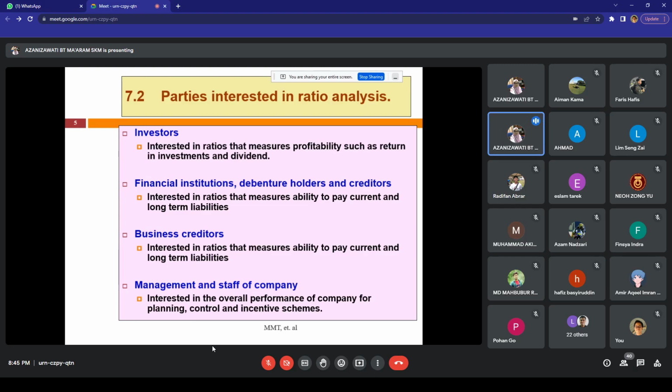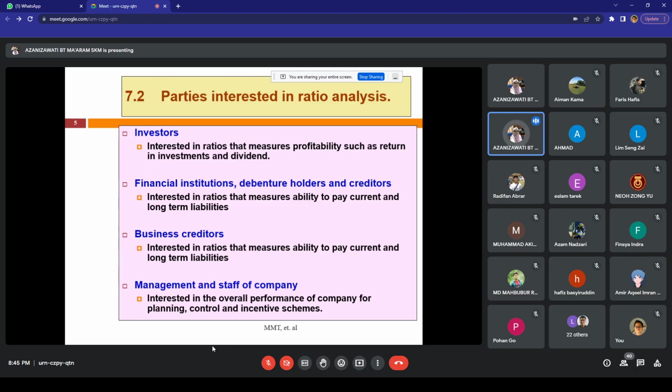If the company's ratio analysis shows they are able to pay current and long-term liabilities, then the business creditors or bank will allow them to make a loan.